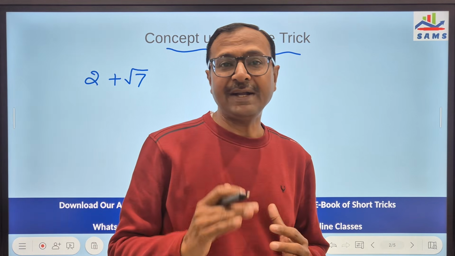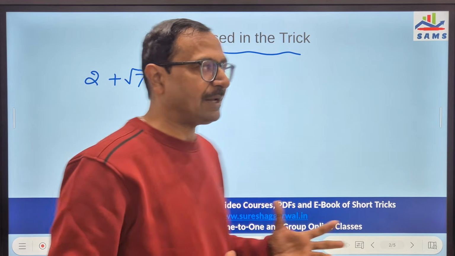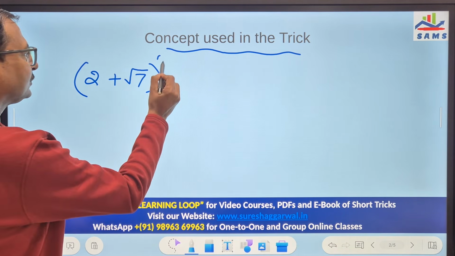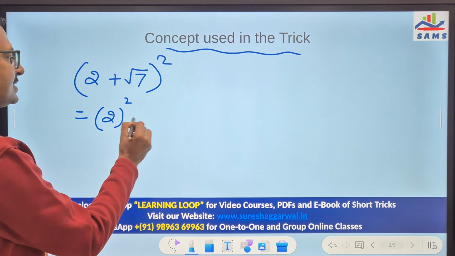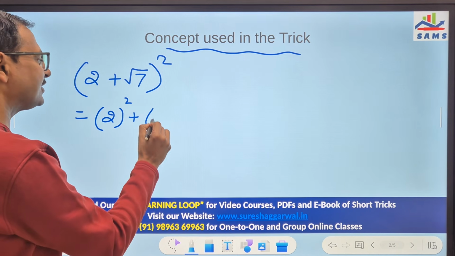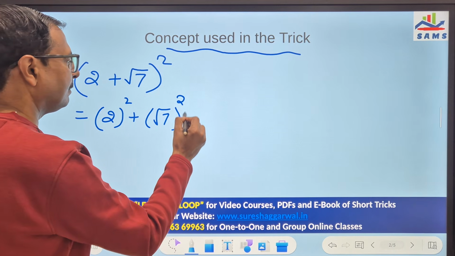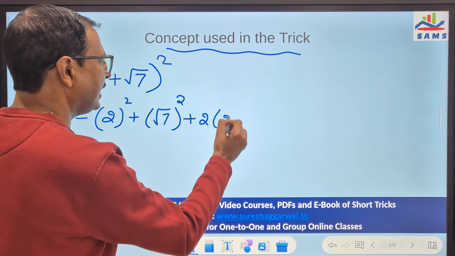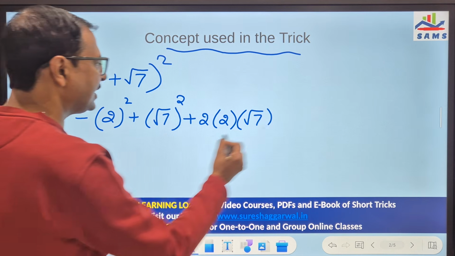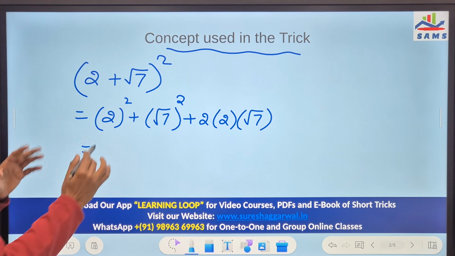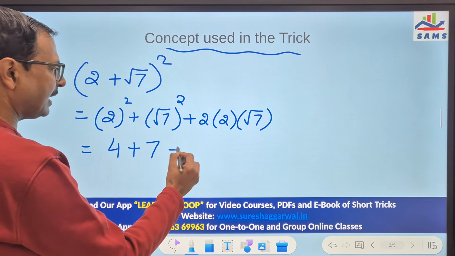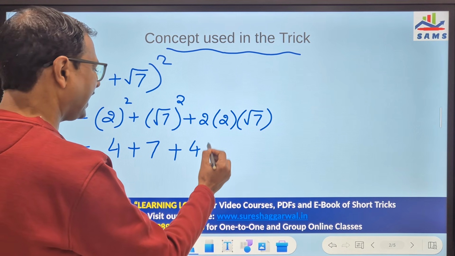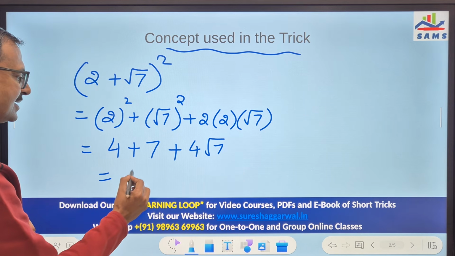Now when I find the square of this 2 plus root 7, obviously I have to apply the identity, a square plus b square plus 2ab. And so this actually becomes 4 plus 7 plus 4 root 7, and therefore this is 11 plus 4 root 7.